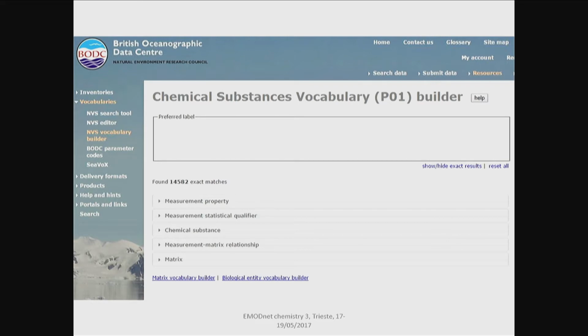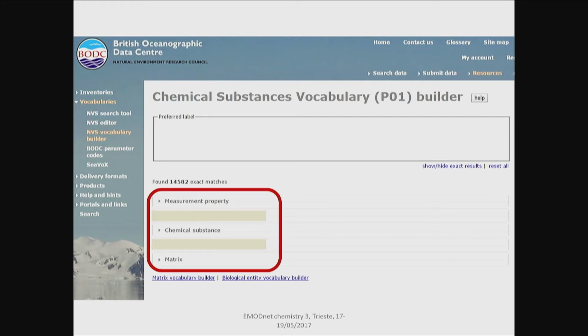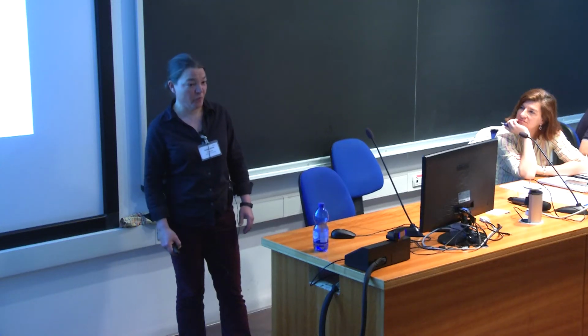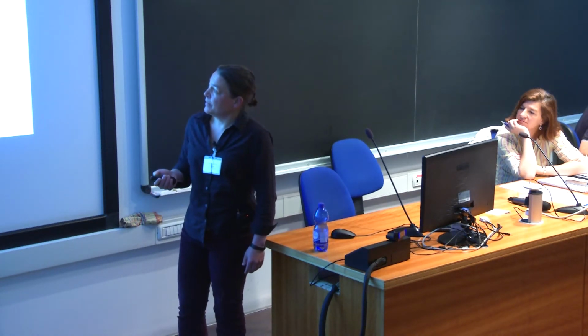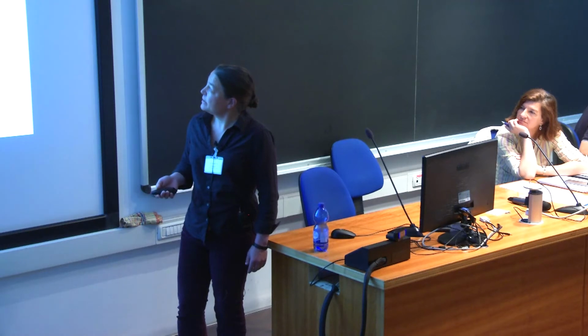So you've got measurement property, measurement statistical qualifier, chemical substance, measurement matrix relationship, and the matrix. If we just focus on those three fields, those three wheels that I mentioned earlier, as for me they are key in trying to narrow down the number of parameter codes you're looking through. And I'll take you through it.